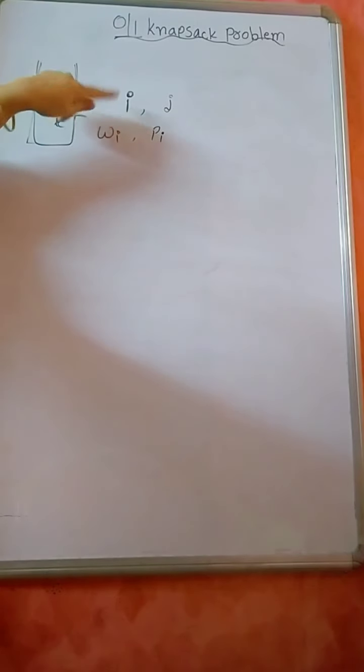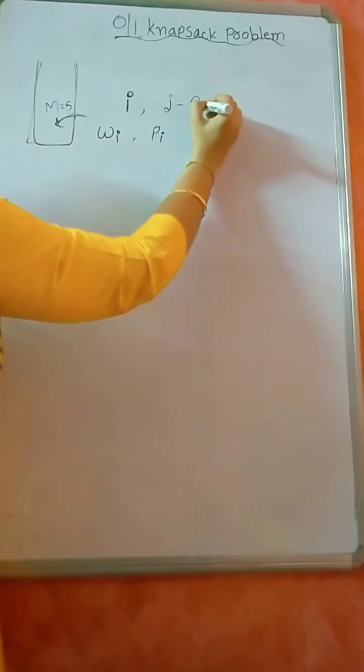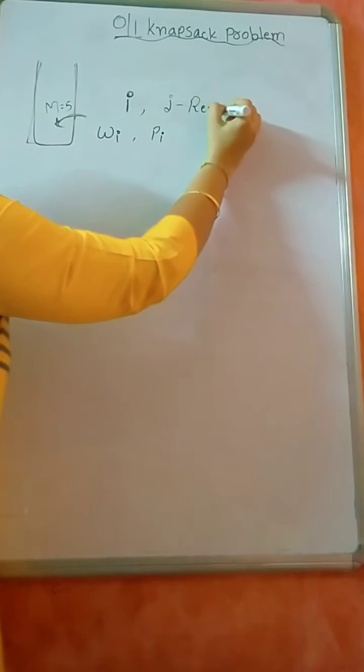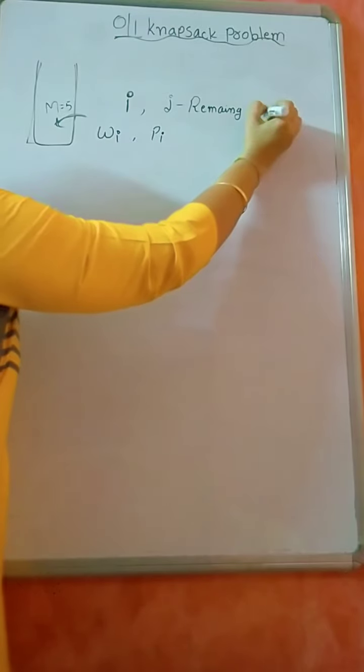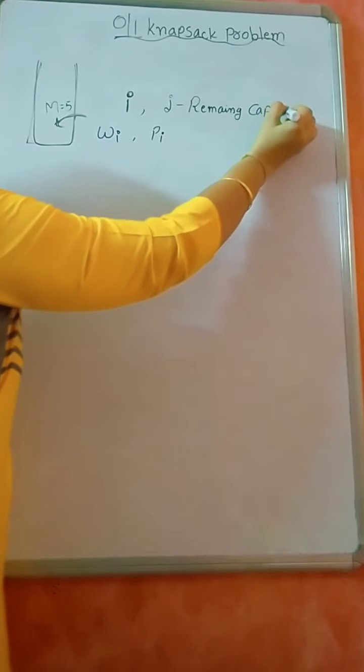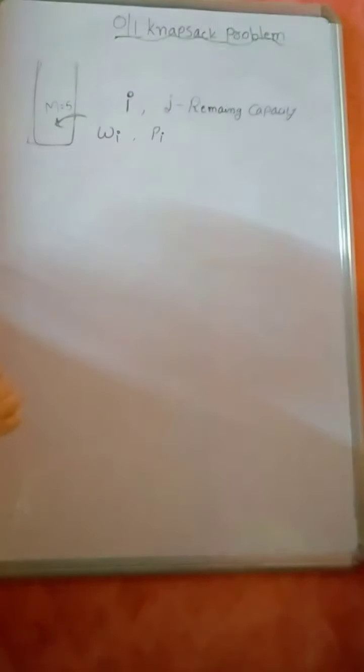What is i? The ith object, maybe the second object, the third object, or the fifth object, whichever it is. What does j represent? It represents the remaining capacity. Remember this: it always represents the remaining capacity.